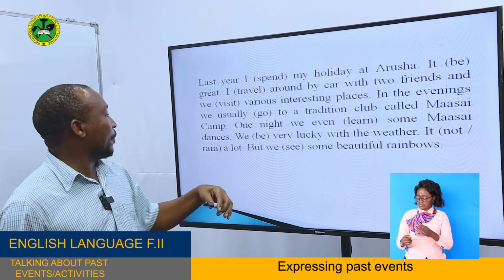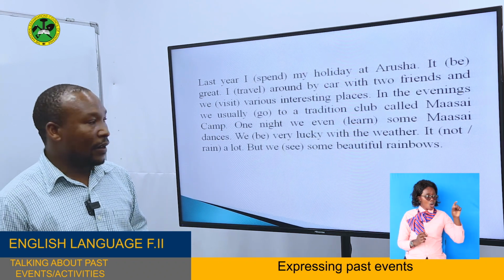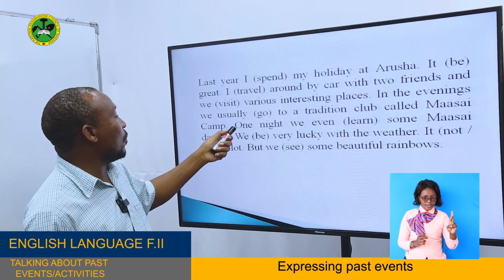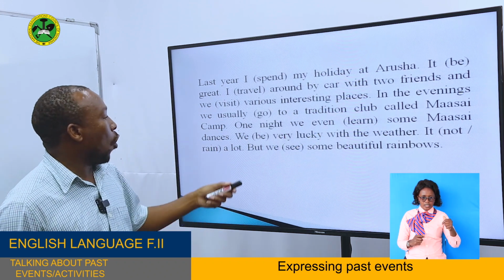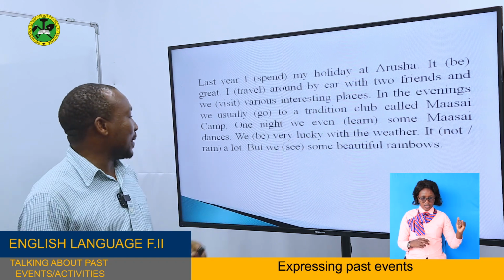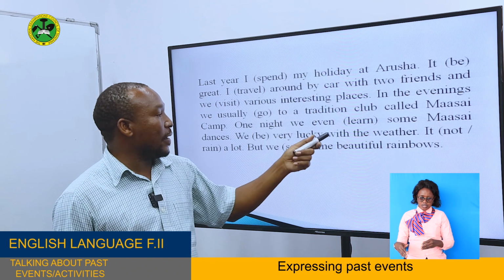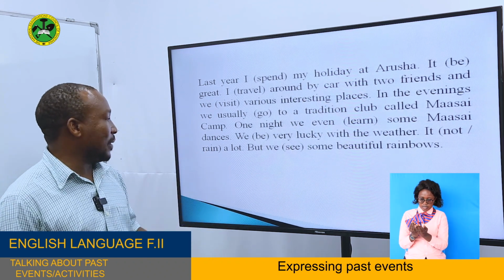In the evenings, we usually, in bracket, go. Go is irregular. Therefore, we usually went to a traditional club called the Maasai Camp. One night, we even, in bracket, learn some Maasai dances. Therefore, we even learned some Maasai dances.